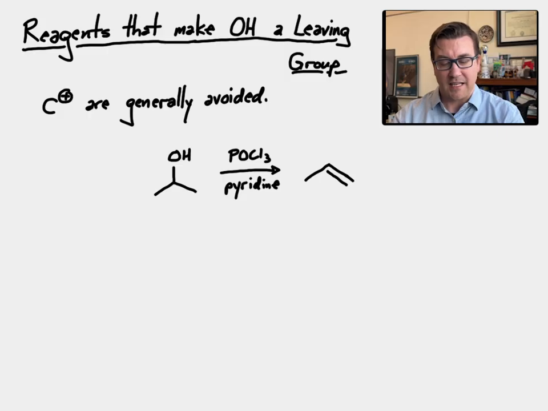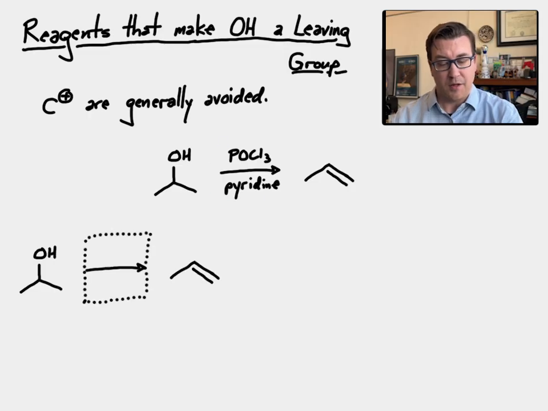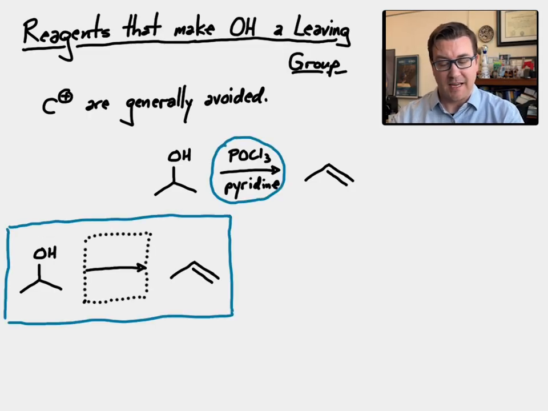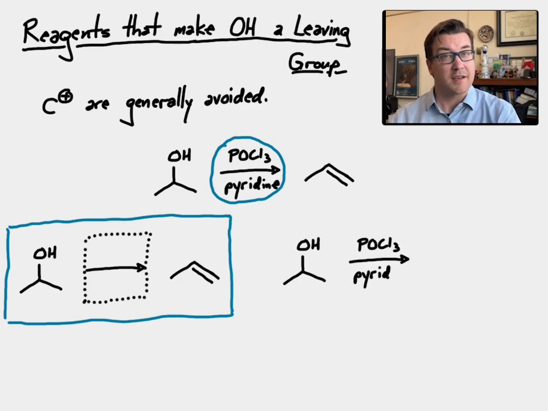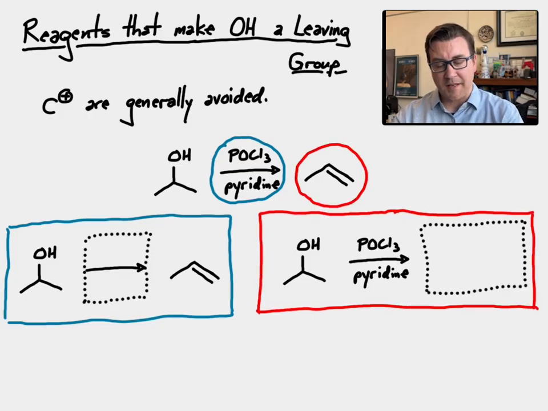In this first case, I'm going to show you this reagent, and I want to point out that when you are trying to study these types of reagents, I would like you to make 3 note cards. One where the reagent is missing. In this case, you're going from an alcohol to an alkene, and you're quizzing yourself about what reagent is missing. Another where the product is missing. Again, you have a blank spot where the product is, and on the opposite side of the card, you'd show the product.